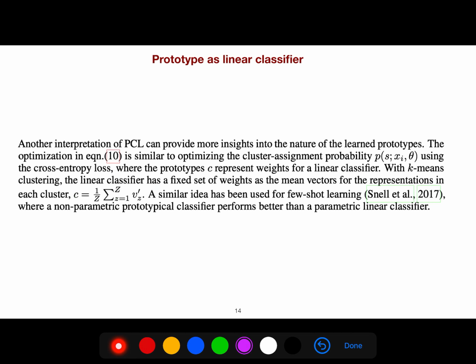So another interpretation of PCL can provide more insights into the nature of learned prototypes. This optimization is similar to optimizing cluster assignment probability using cross entropy. And the linear classifier has a fixed set of weights as the mean vectors for the representation in each cluster.